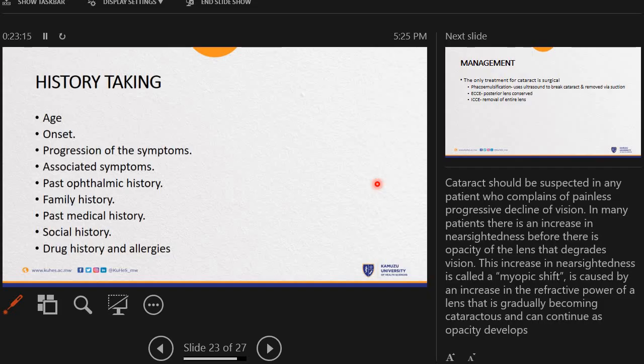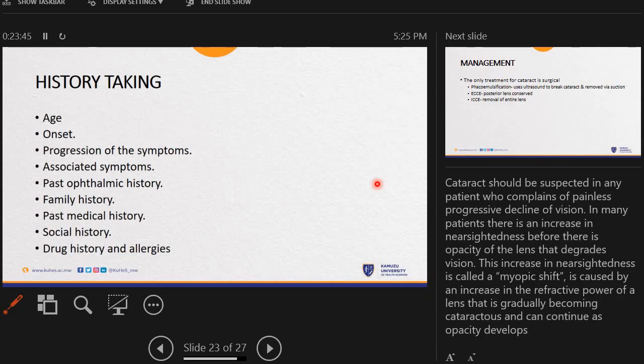So the first thing they'll notice is a decrease in vision. This increase in nearsightedness is called myopic shift. It is caused by an increase in the refractive power of a lens that is gradually becoming sclerosed and can continue as opacity develops. So with old age, what happens?